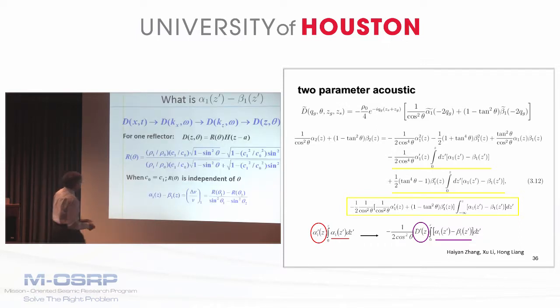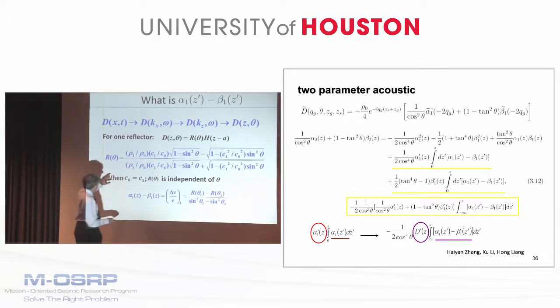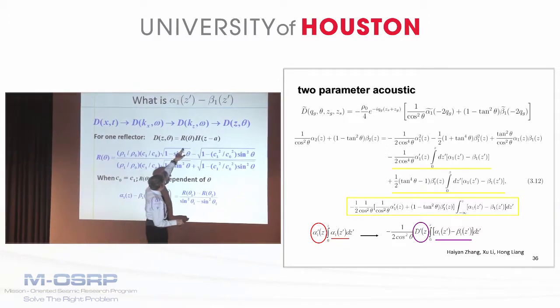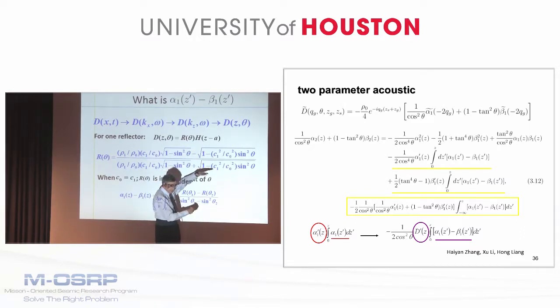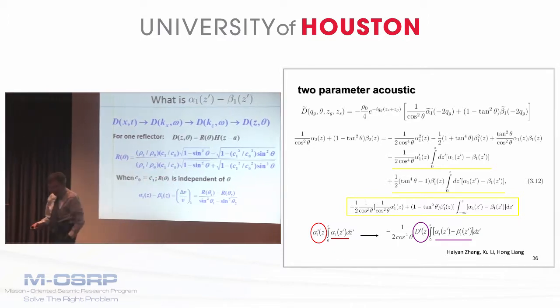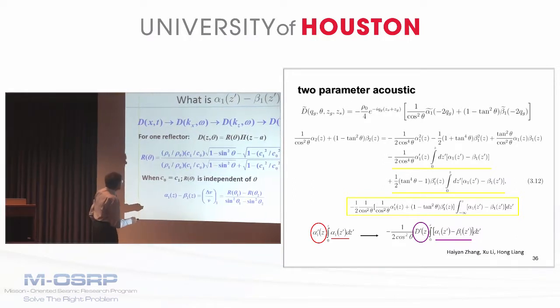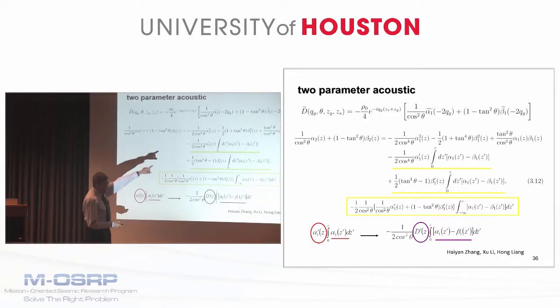The data here is going to be essentially very close to a reflection coefficient for one interface, the first interface. In other words, the data for the first interface is going to be r of theta, h of z minus a, the shallower one, yes? This is just like r before, the data here is going like alpha 1, yes?